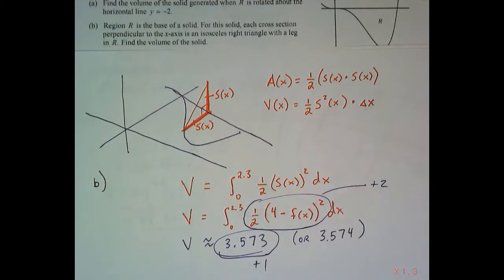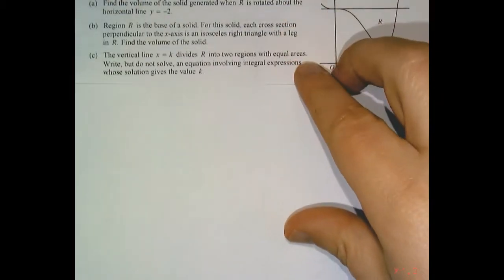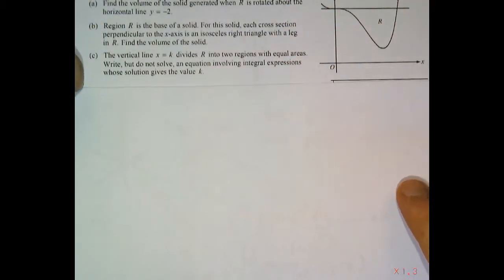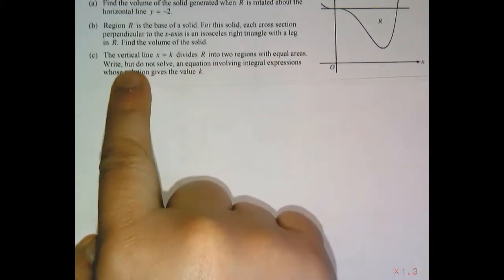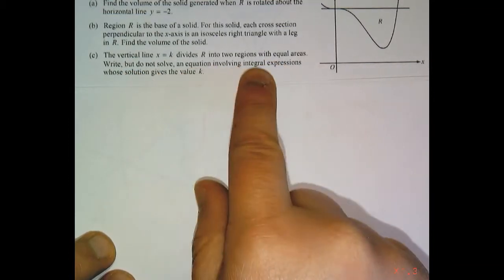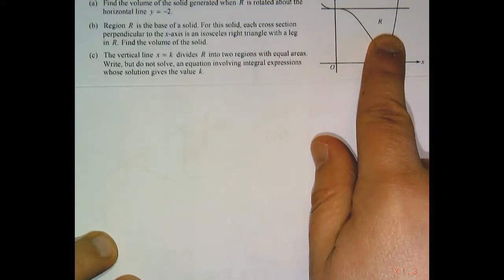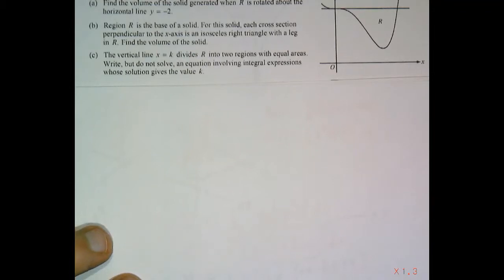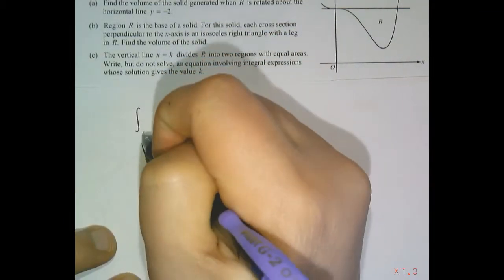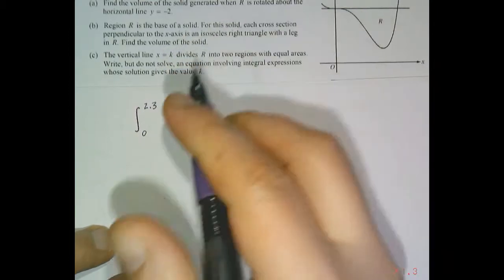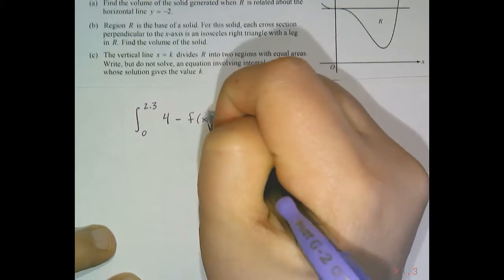And finally, we'll look at part C. Part C, it takes the region and divides it into two regions of equal areas. Write but do not solve an equation involving integral expressions whose solution gives the value of k. So we're going to split this region into two equal regions. The full area of the region would be 0 to 2.3 of top curve minus bottom curve.